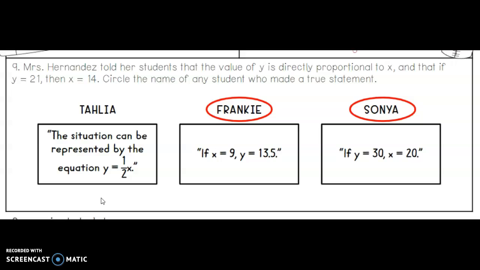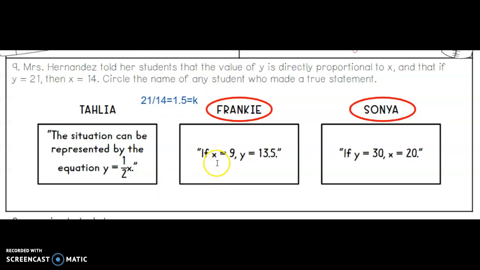And so let's test that out. If we take 21 and divide it by 14, that is going to give us a quotient of 1.5, which is going to be our value for k.